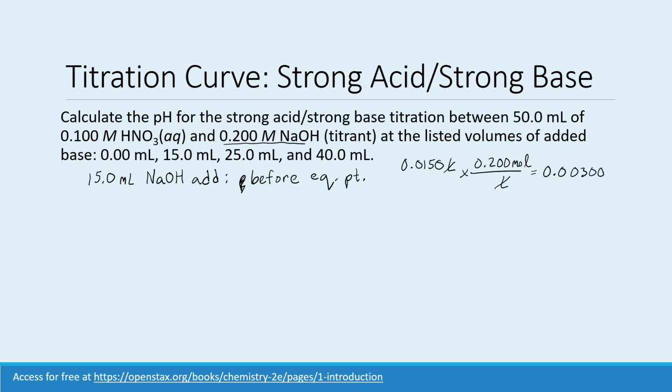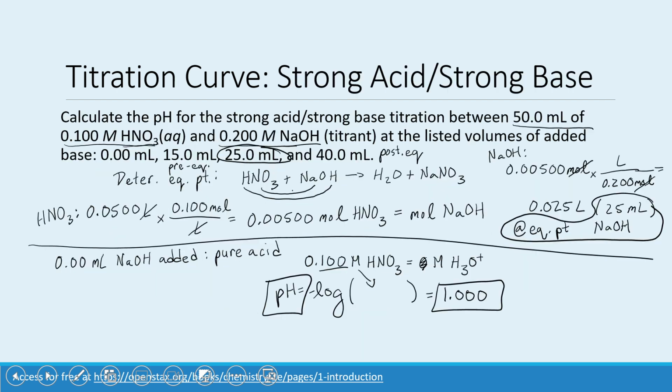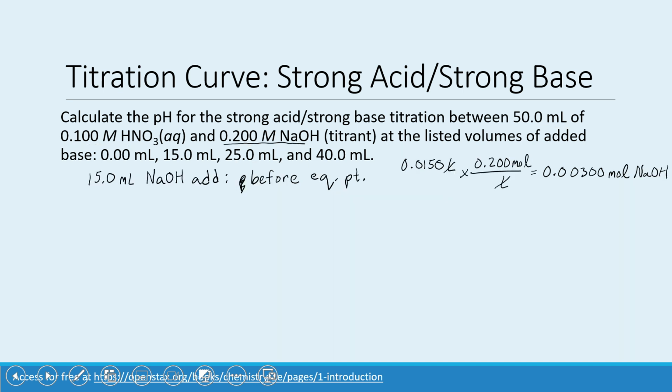And that's 0.003 moles of sodium hydroxide. Now, I believe we already calculated, if we go back to the beginning, the moles of the strong acid that we have. That's that 0.005 liters times moles.